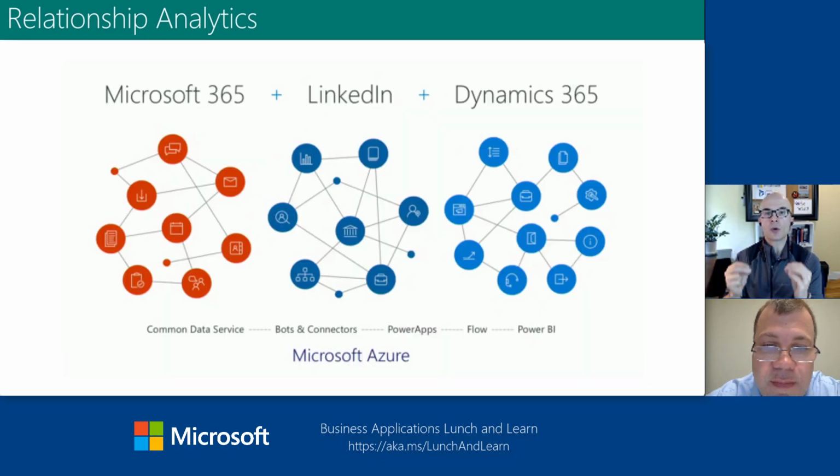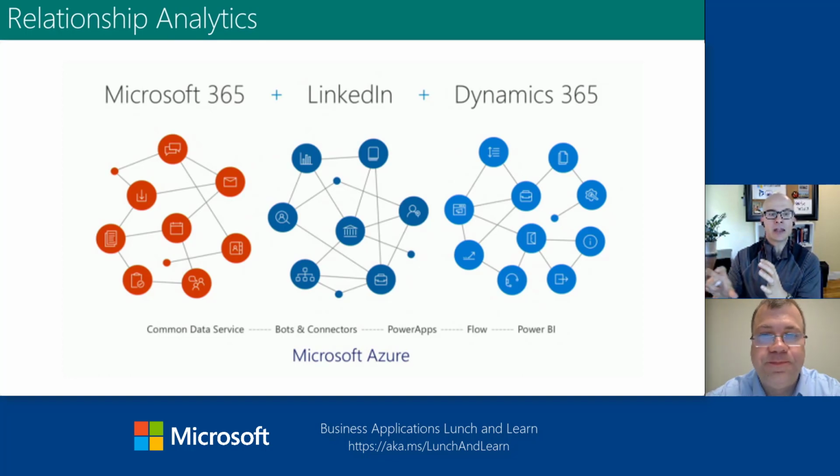There's nobody in the world that has better signals of what's happening from a graph perspective around your productivity, your business, and to be able to harness all that and marry it with the relationships and add that with LinkedIn. That is a phenomenal paradigm shift and a differentiator that you only get advantage with Microsoft's cloud.